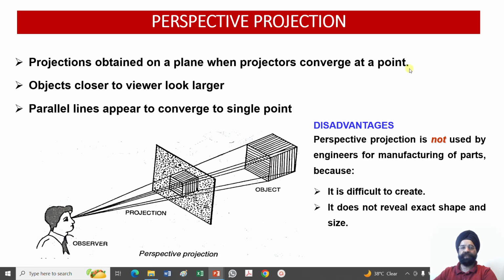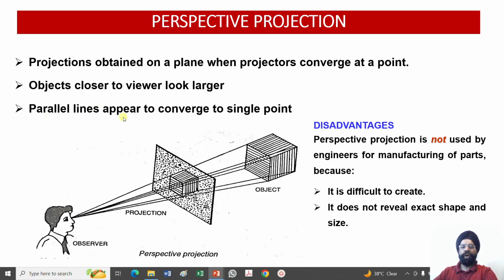This is the limitation of the human eye. The objects which are closer to the viewer or observer will be drawn bigger, whereas the objects which are farther away from the viewer will be drawn smaller in size, which is not desirable. We cannot allow the distance between the observer and the object to dictate the size of the image or the view, but the actual manufacturing should be as per the size of the object only.